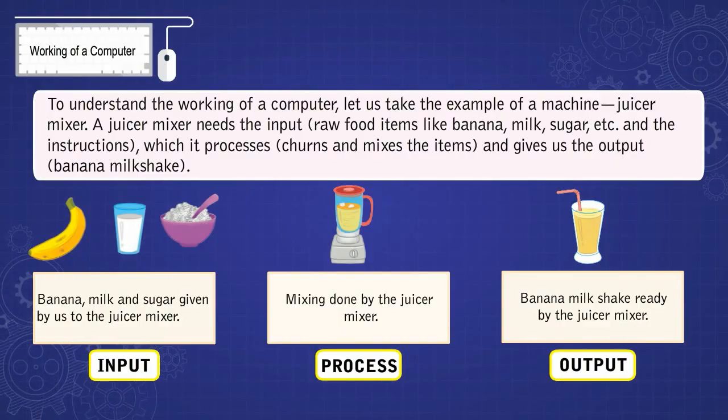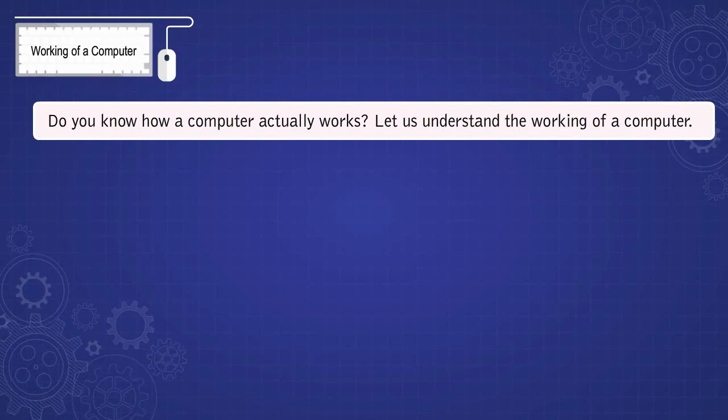Banana, milk and sugar given by us to the juicer mixer: input. Mixing done by the juicer mixer: process. Banana milkshake ready by the juicer mixer: output.